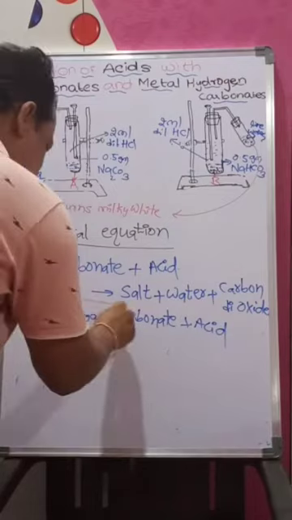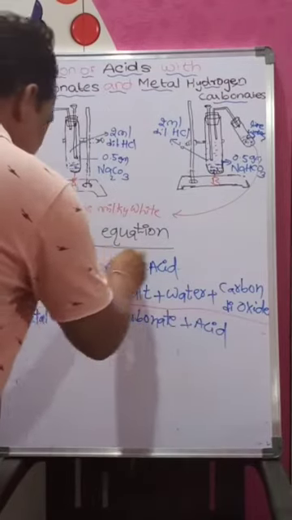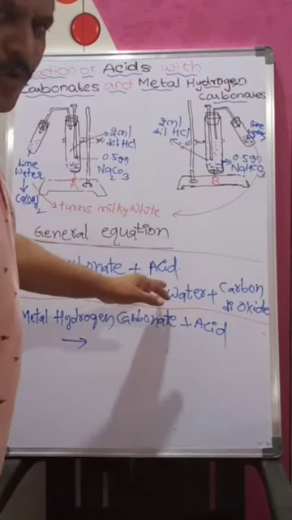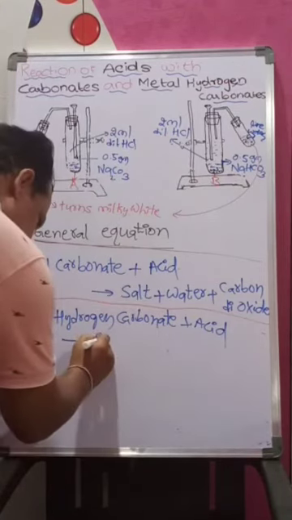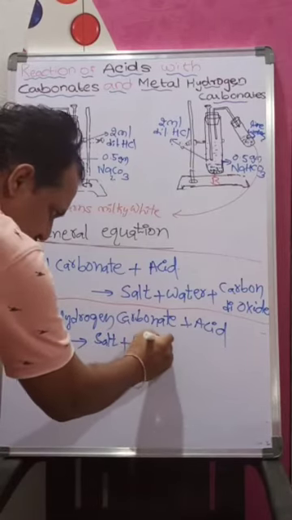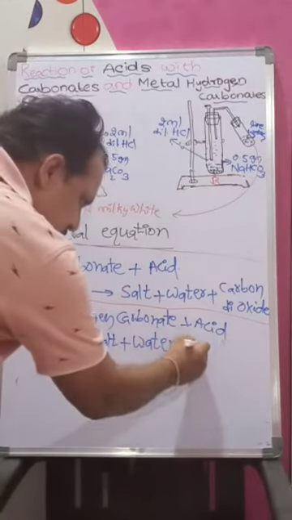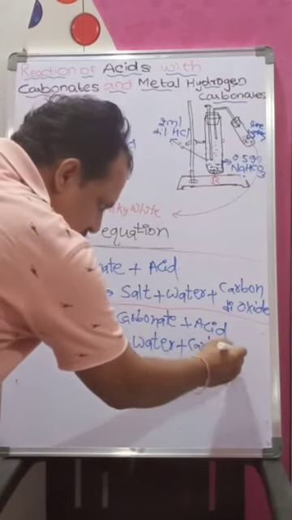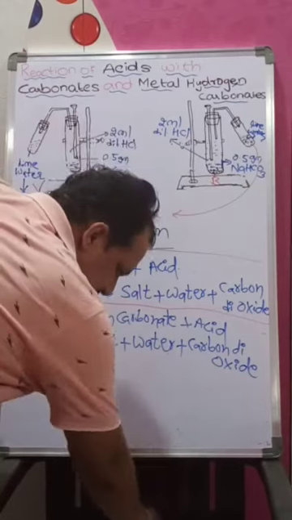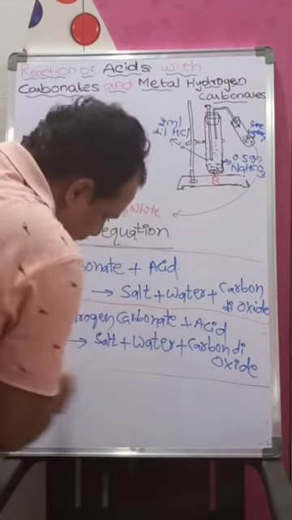This is the first one and this is the second one. What do we get? The same products: salt plus water plus carbon dioxide. This is the general equation for this activity.